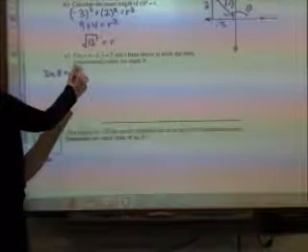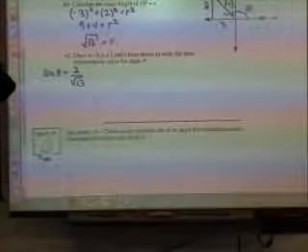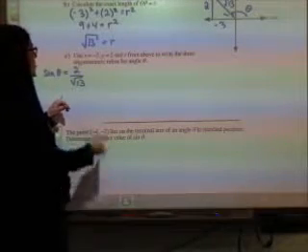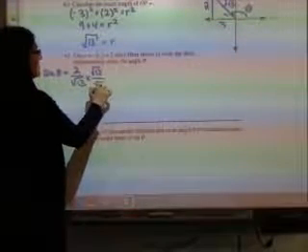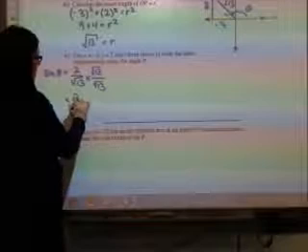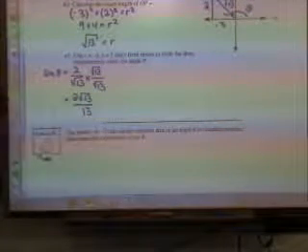So sine theta would equal opposite over hypotenuse, so I get 2 over root 13. I should rationalize the denominator. So I'd multiply the top and the bottom by root 13, and I would get 2 root 13 over 13.